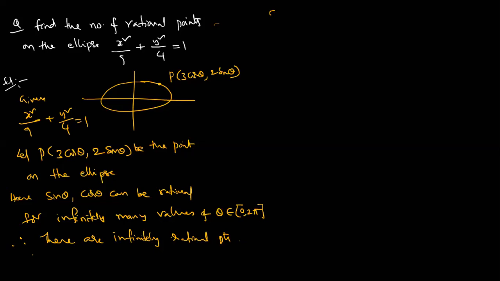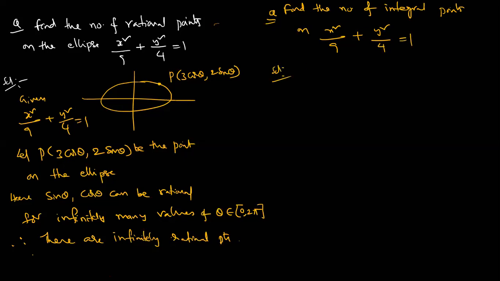Same model I'm changing. Find the number of integral points on x square by 9 plus y square by 4 is equal to 1. What is the answer? Anyone?